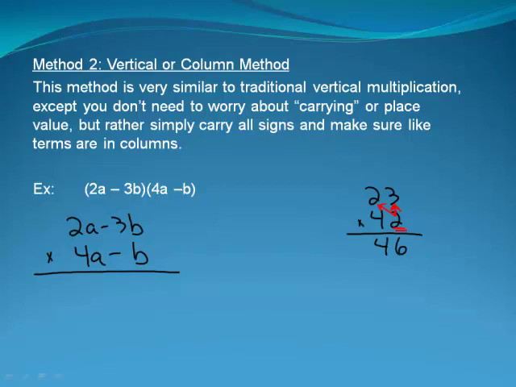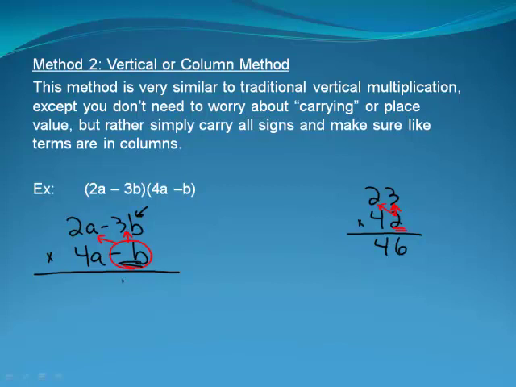Okay? Now over here, we're going to do the same thing. Over here, carry the sign, we're going to take a negative b, and we're going to multiply it to everything above it, and write it underneath our bar. So let's do that. We've got negative b. We're going to multiply that by a negative 3b.